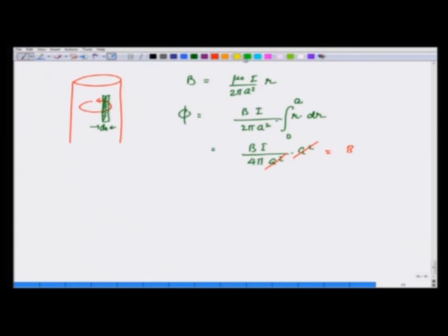Sorry, this B is not B, it is mu 0. So, this gives me mu 0 over 4 pi I, and if I equate this to L I, I get L equals mu 0 over 4 pi. Which answer is correct? Earlier answer is mu 0 over 8 pi, this time I am getting mu 0 over 4 pi.